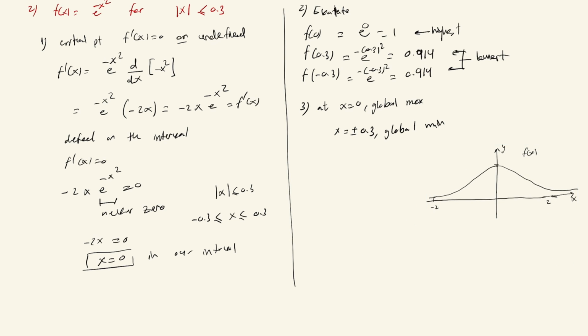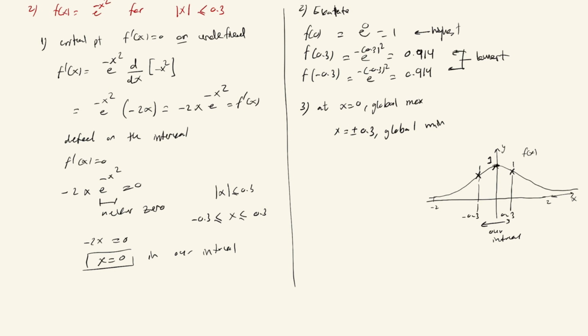Note, this is the graph of the function f of x. Note here our interval, we are only going from minus 0.3 to positive 0.3. The highest value is at x equal to 0, which is 1.